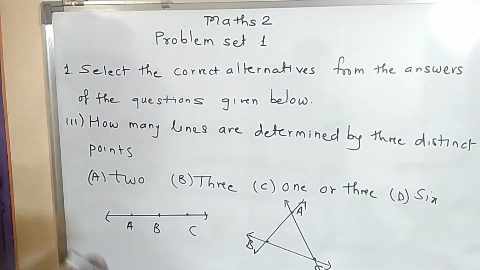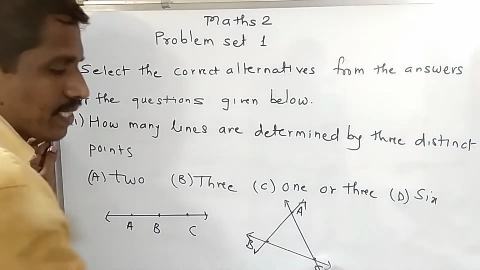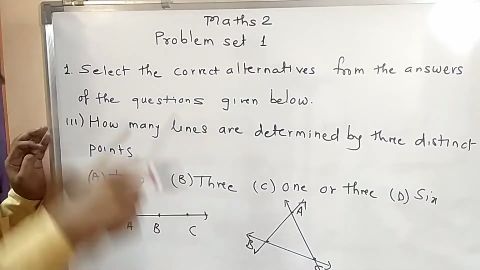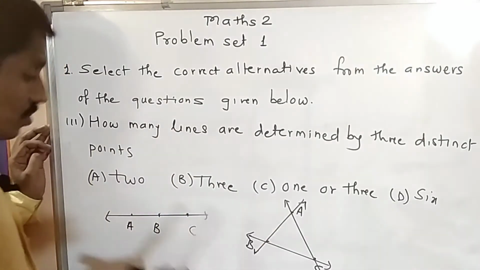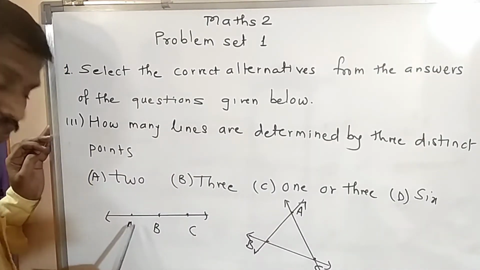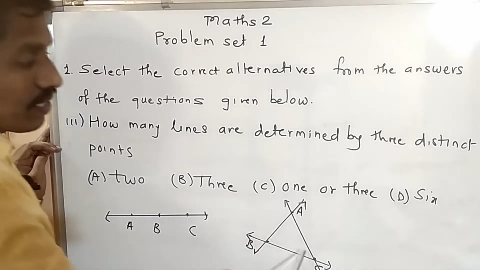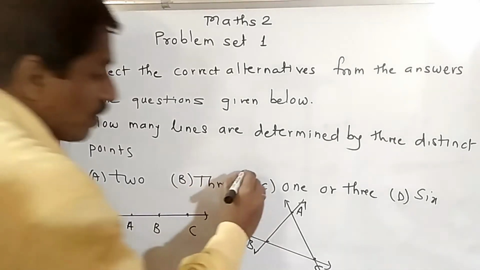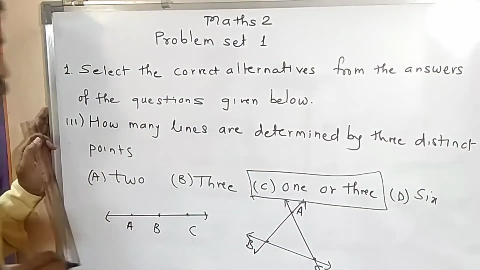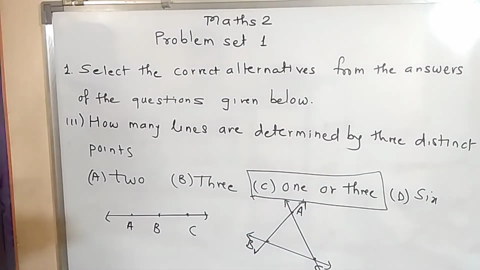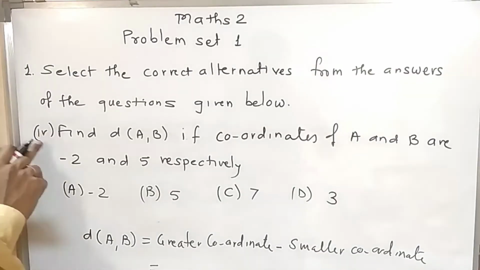So how many lines can be drawn? 3 lines can be drawn. But it is not mentioned whether the points are collinear or non-collinear. So we will get either 1 line or 3 lines, and therefore the correct answer is option C, 1 or 3 lines.